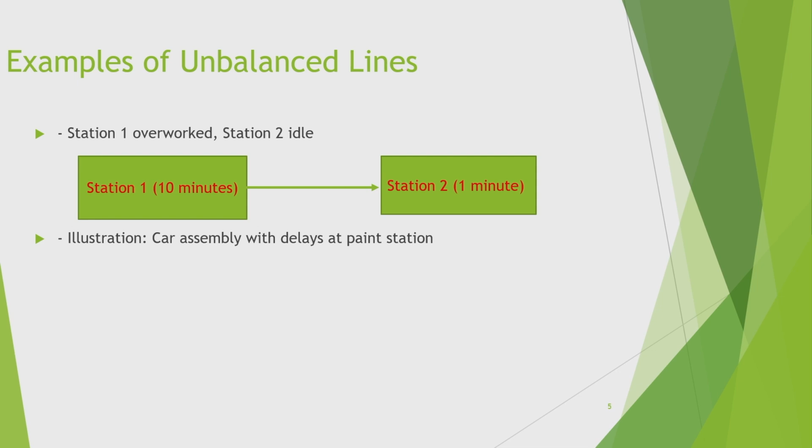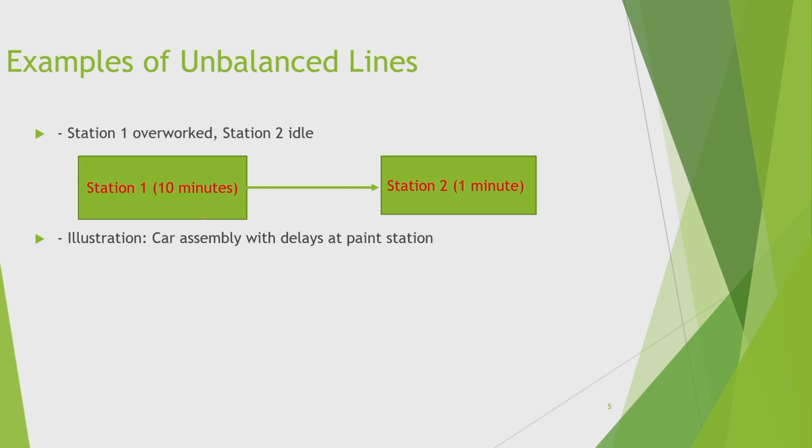Now, let us understand the example of unbalanced lines. I am making a very simple picture. Suppose you divide the tasks into two categories. Some tasks are done on station 1, and after station 1's job is completed, the product moves to station 2. Let us say in station 1 it takes 10 minutes, but in station 2 it takes 1 minute only.